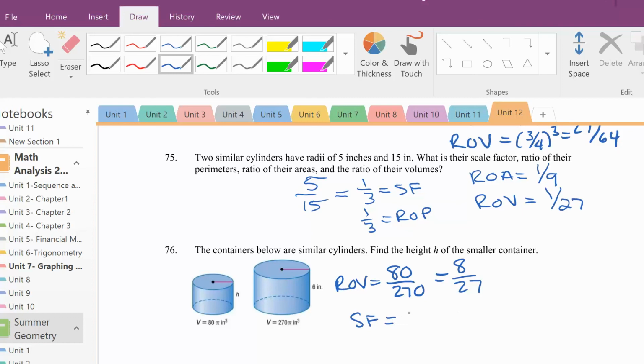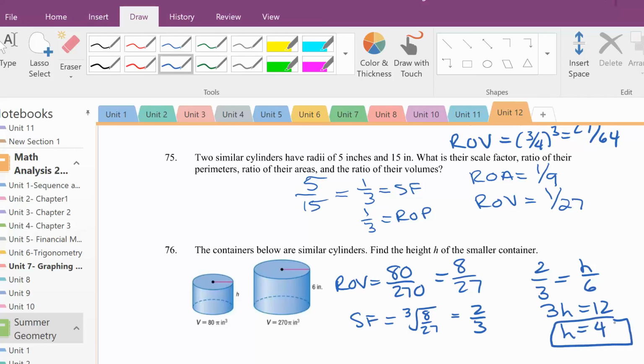So that means the scale factor would be the cube root of 8 over 27. The cube root of 8 is 2. Cube root of 27 is 3. So the scale factor is 2/3. So 2/3 is equal to h over 6. 3h equals 12. So the height is equal to 4 inches.